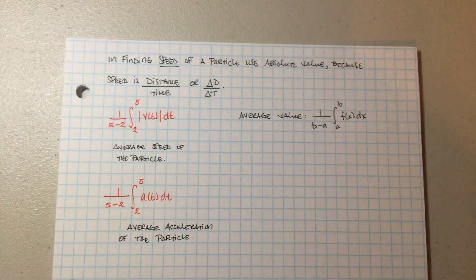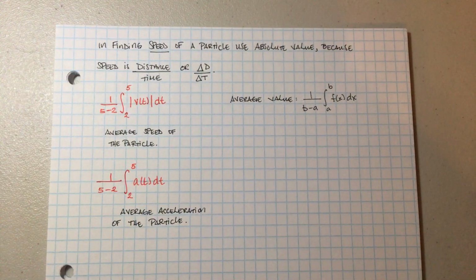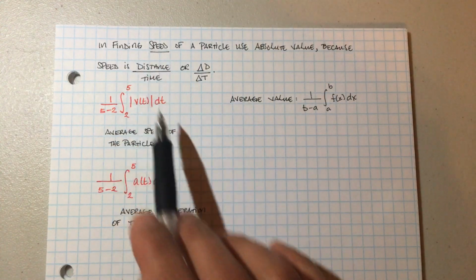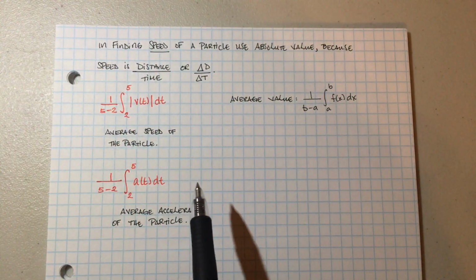All right. A couple of other things. In finding the speed of a particle, you're always going to use absolute value, because think about it, speed is distance over time. Now we need the total distance traveled to figure out the average speed.